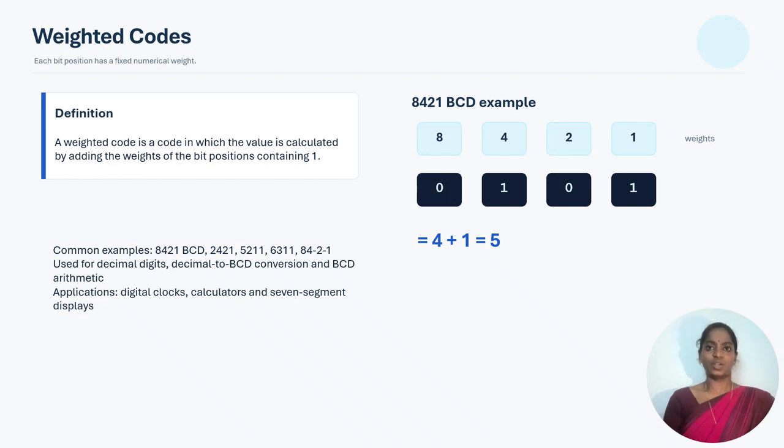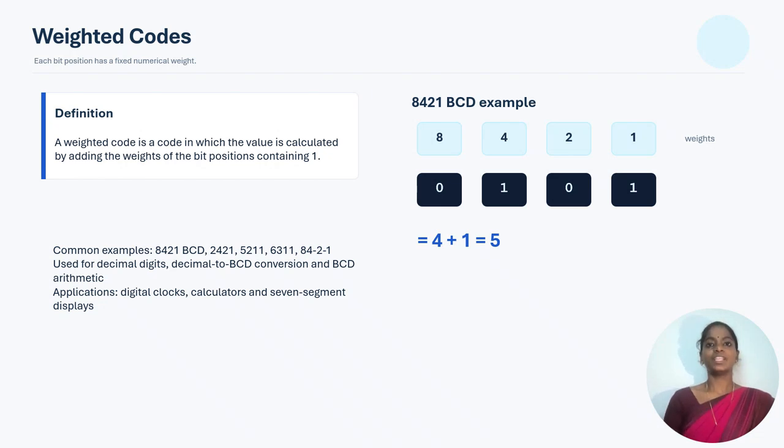Common weighted codes include 8421 BCD, 2421 code, 5211 code. The 8421 BCD and 6311 codes are examples of weighted code because the value of every decimal digit can be calculated using their assigned positional weight.